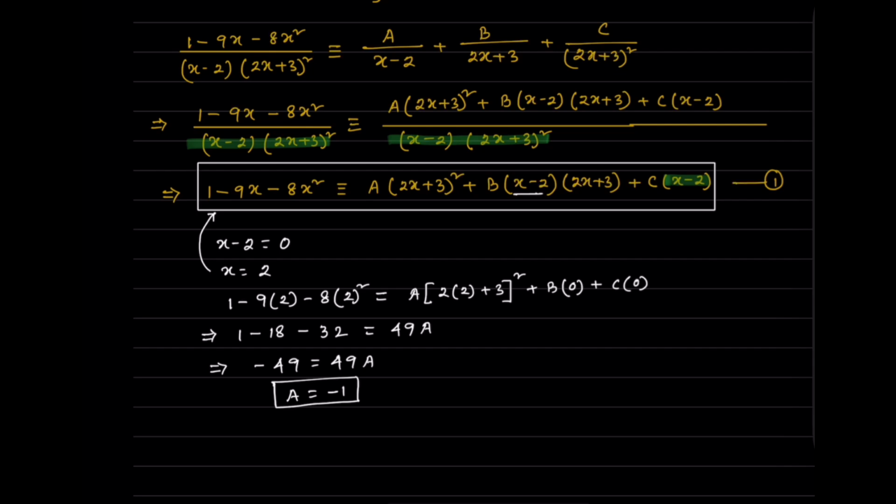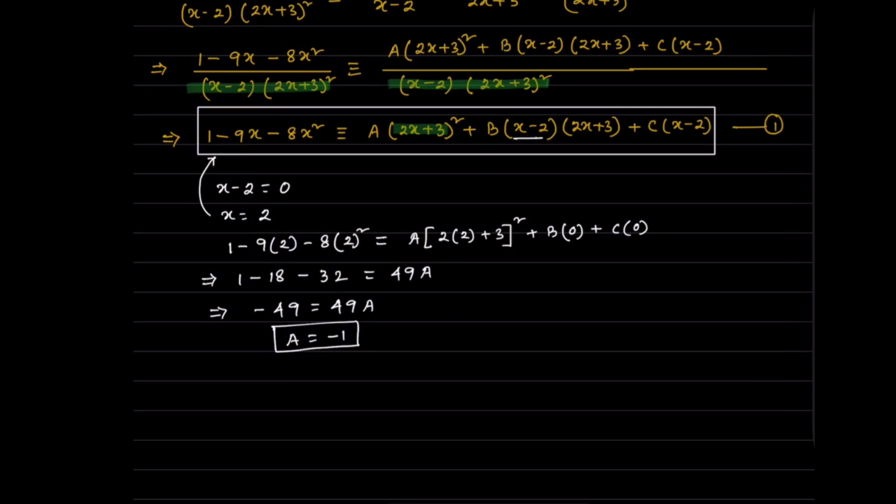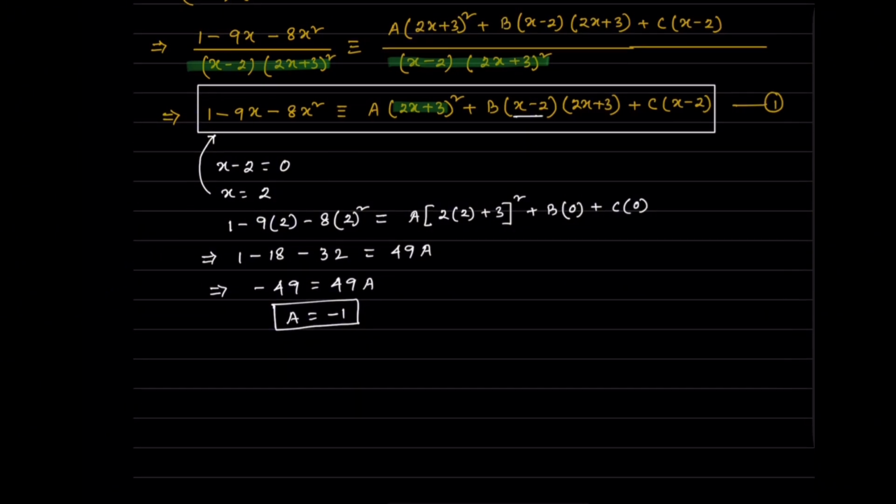Similarly, if we take the other factor, 2x plus 3 equals 0, then the terms of a and the terms of b will be 0 and we can directly get the c value. So 2x plus 3 equals 0, or 2x equals minus 3, or x equals minus 3 by 2.